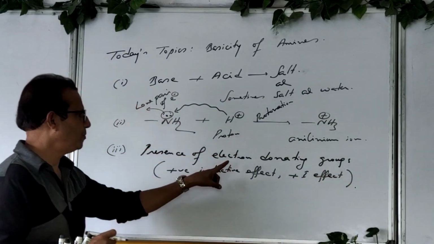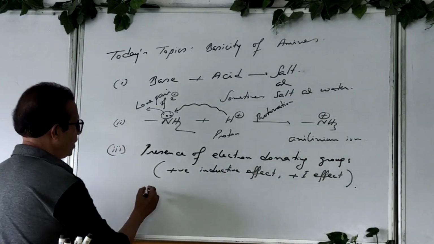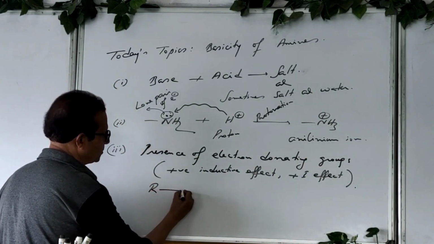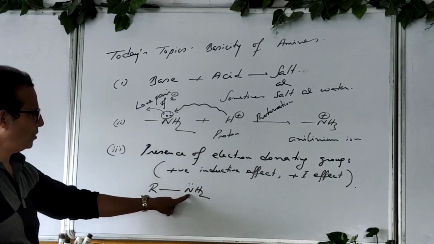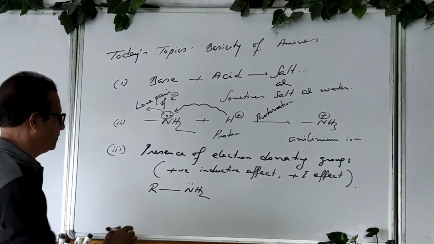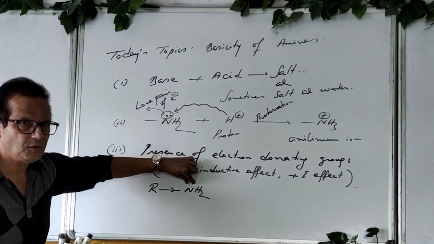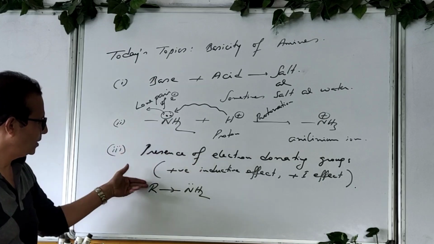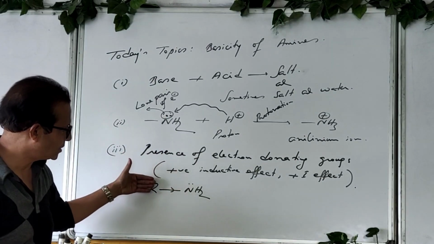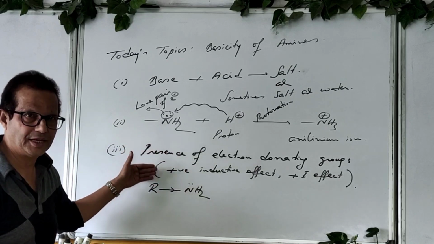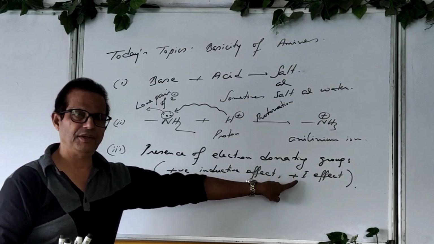So presence of electron donating groups. If an electron donating group is present in an amine, then nitrogen already has a lone pair of electrons. The electron donating groups donate electrons to it by the inductive effect, plus I effect.